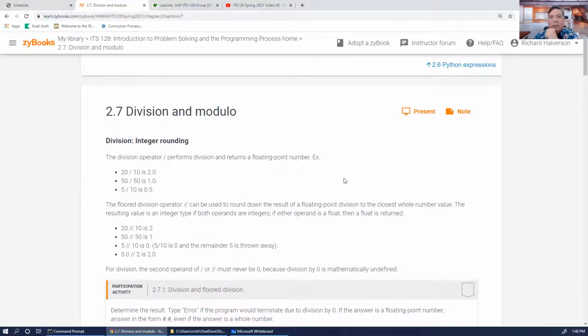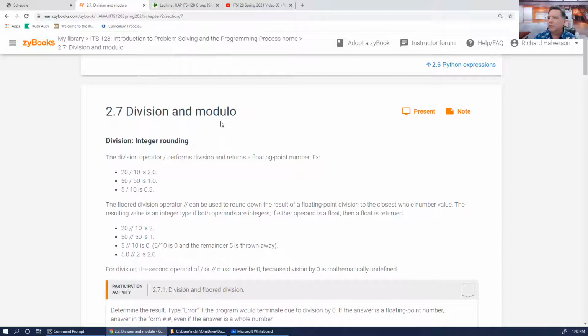Okay. In this section, we talk about what division is all about. In programming, there's more to division than just 5 divided by 2 equals 2.5, or whatever, because in programming, sometimes you're dealing with integers, and sometimes you're dealing with numbers that can have decimal points.